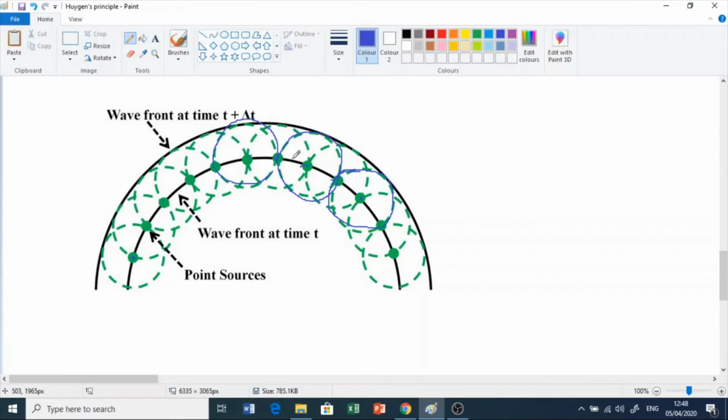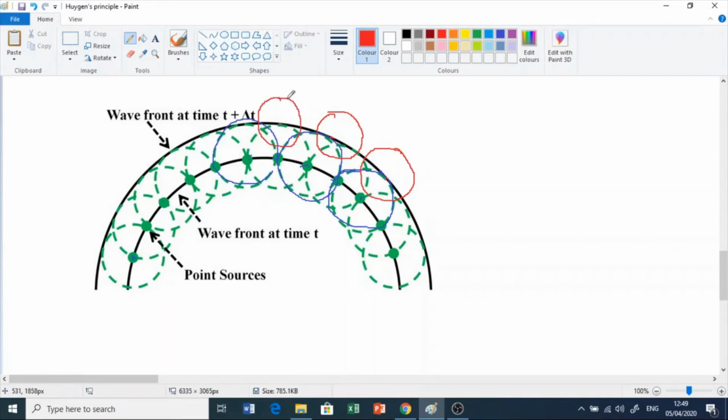So for example, you have waves from this point and waves from this point. Let me draw with another color, it will be better. Waves from this point, also from this point, actually from every point on this line, but for simplicity I am drawing only several of them.